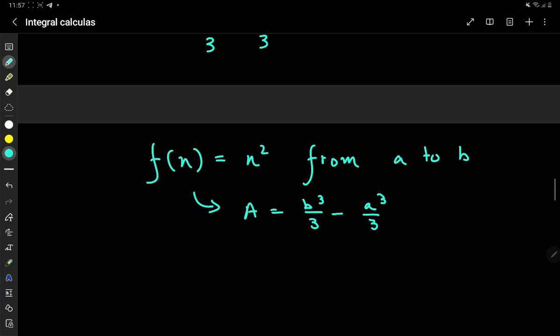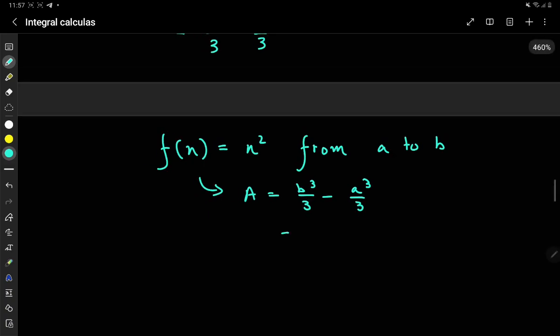So from this he found a pattern: it is x, with the variable going from a to b, to the power n plus 1 by n plus 1.